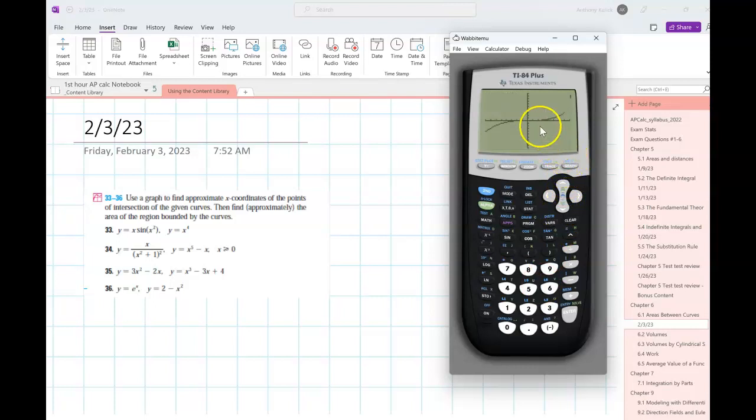So here's my first one. This is x times sine of x squared. There's that one. So it looks like any intersection that's going to be happening is happening in here next to the origin. So we'll zoom that in a bit. Probably just make that negative pi over 2 to pi over 2. And then maybe negative 1 to 1.